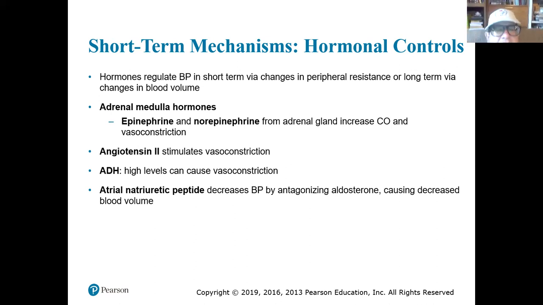So, ADH, antidiuretic hormone. The diuresis is peeing. This is a hormone that makes you pee less. You produce less urine. And ANP, we already talked about, atrial natriuretic peptide.